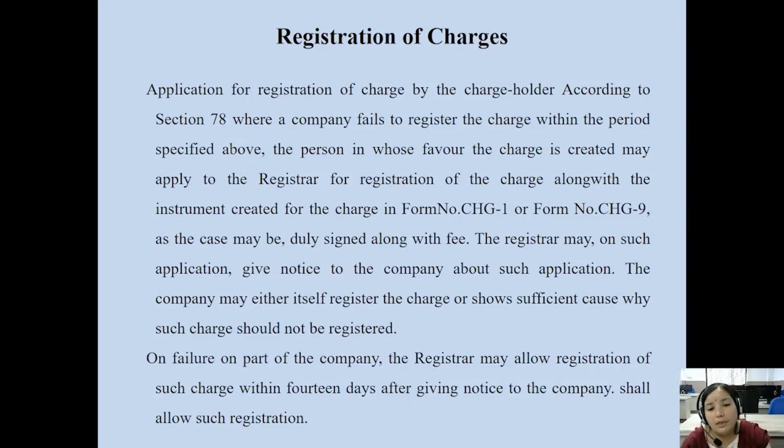If the company is not making records, books of accounts, records of the transactions of borrowed capital of the company, either secured or unsecured by nature, it must be recorded in the records of the company. If the company is not recording, then the registrar may order the company after giving notice. The time limit is within 40 days after notice. The company shall allow such registration. That is the time limit for the registration of charges. After giving notice to the company, within 40 days is the time limit prescribed.